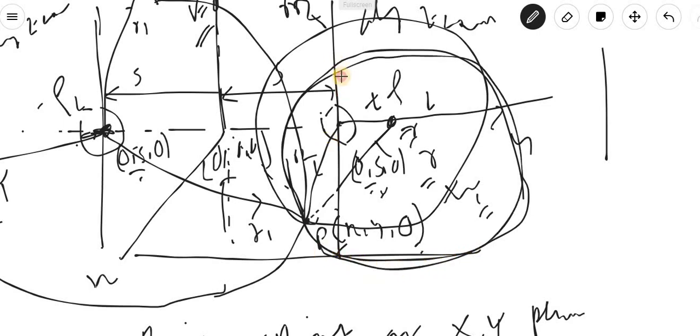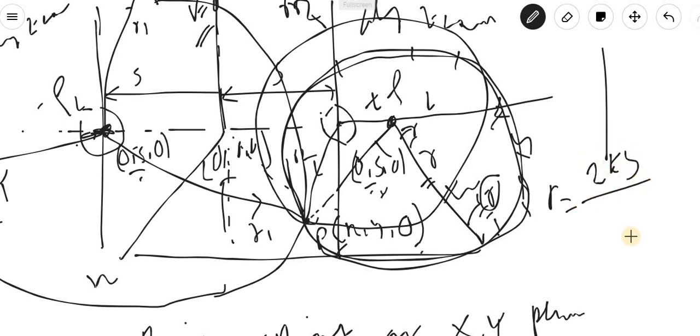So here the potential will be the same. With this small r, this R is nothing but 2Ks over K square minus 1.